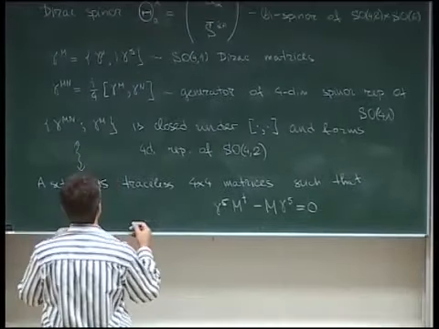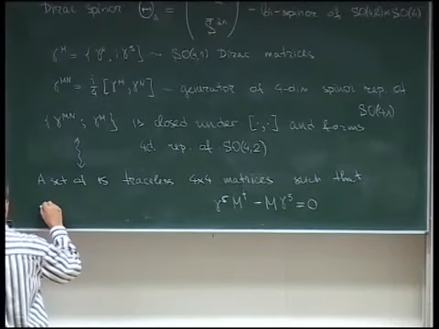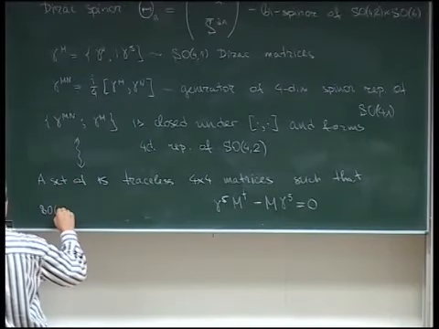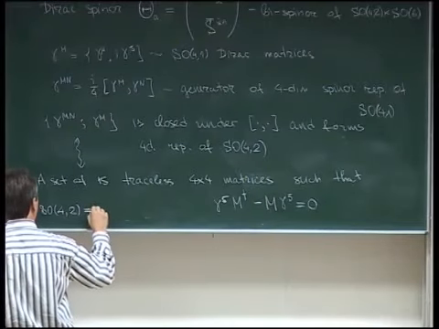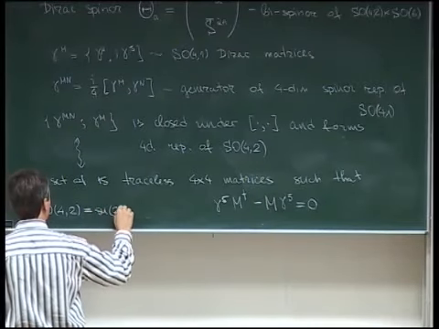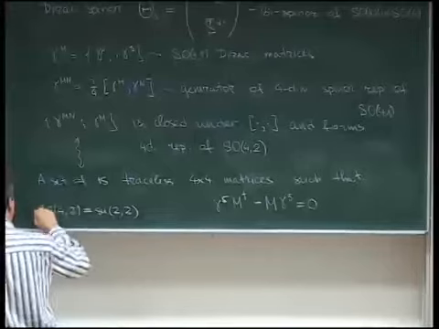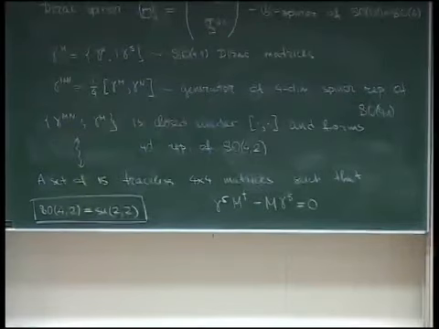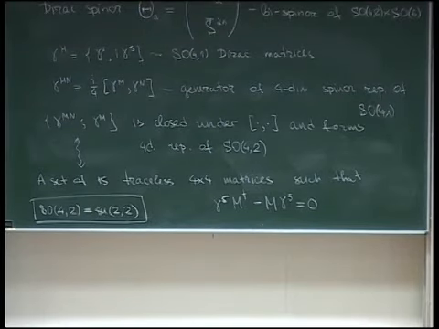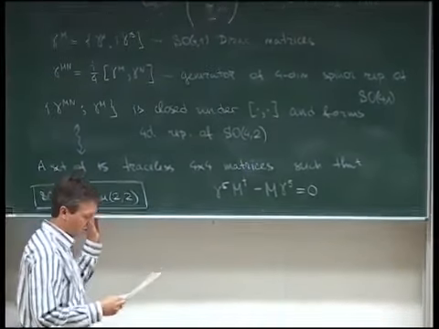So this construction establishes a canonical isomorphism of SO(4,2) and SU(2,2). So this is one and the same algebra. This is one of these low-dimensional isomorphisms of SO and SU algebras.